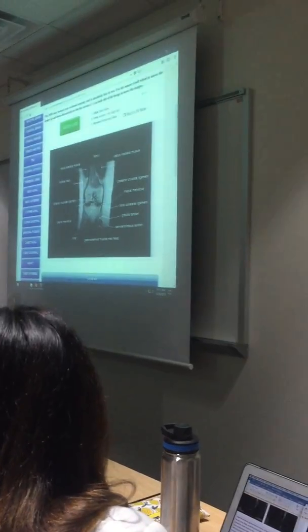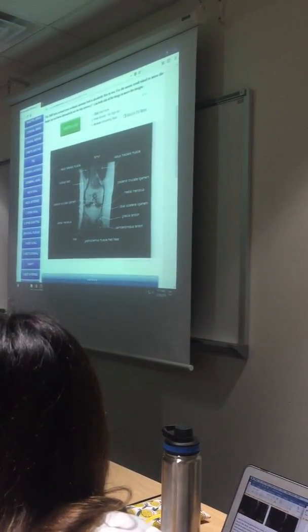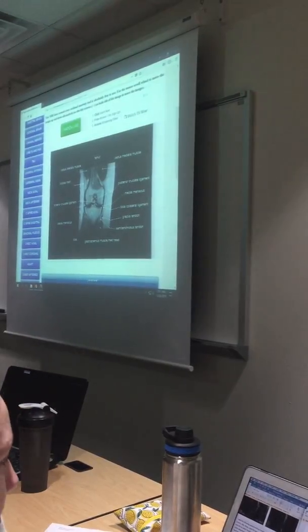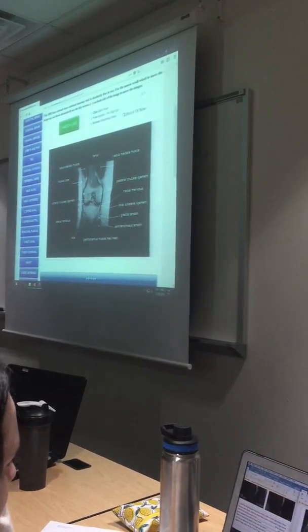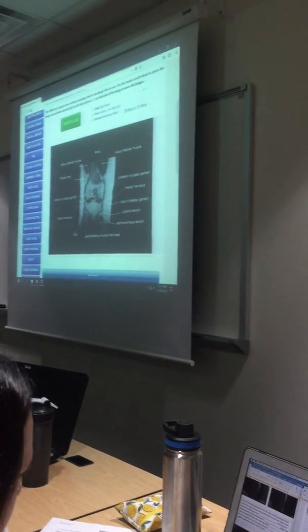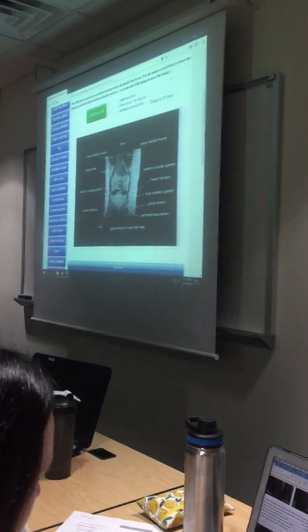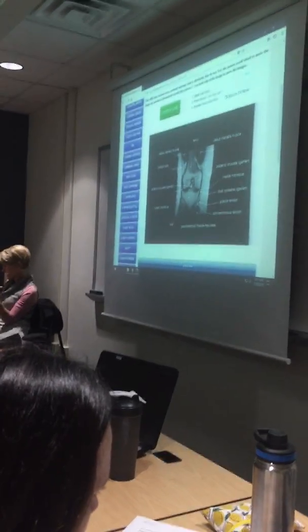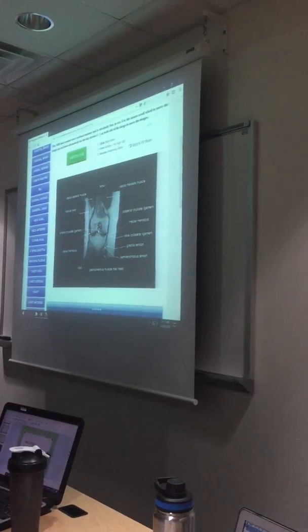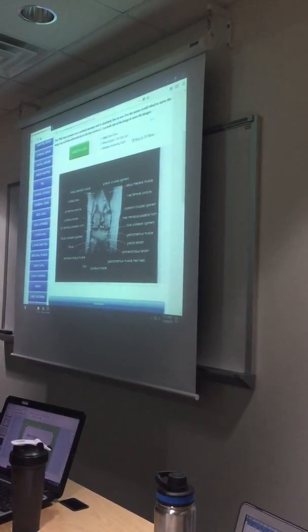That's my PCL. This is my ACL, and I know my ACL is always lateral, so this has to be part of my lateral collateral ligament here. The ACL is the dark band kind of curving down, and it's always going to be lateral.